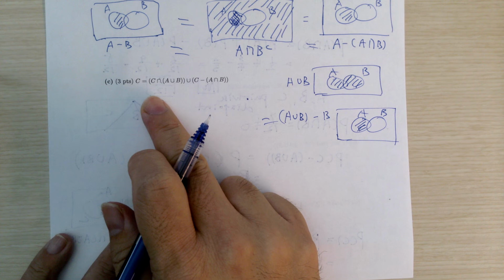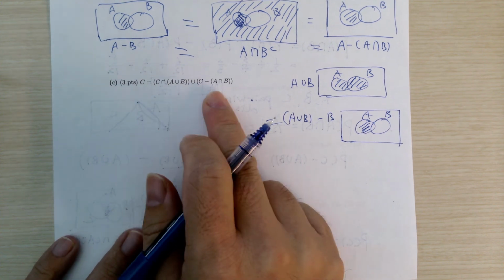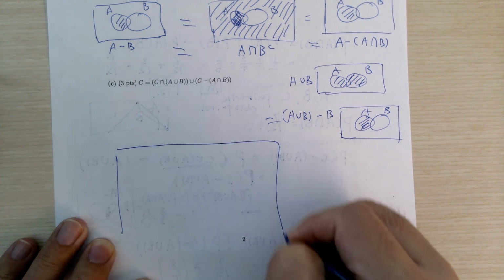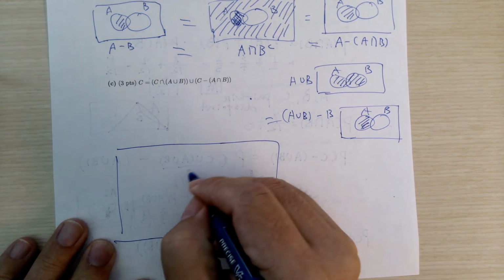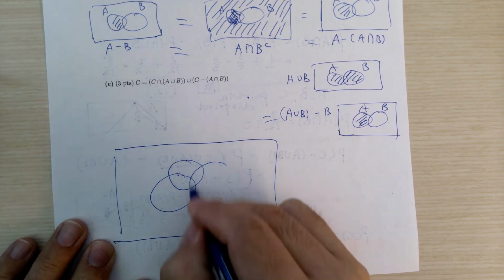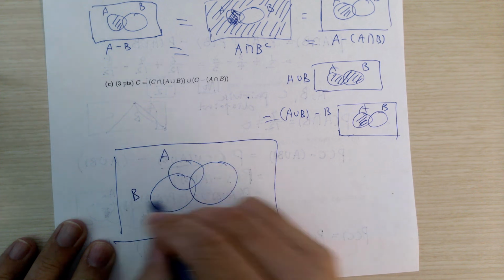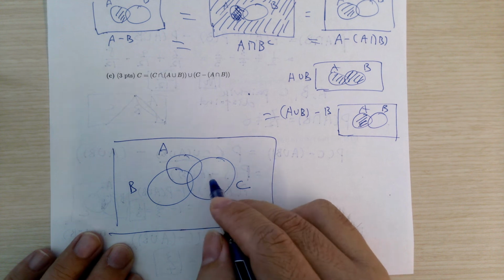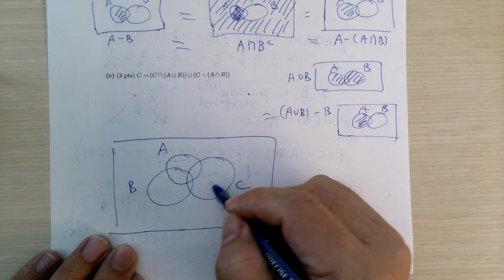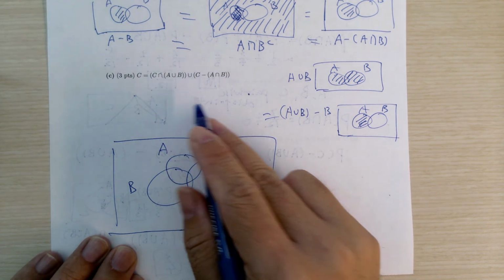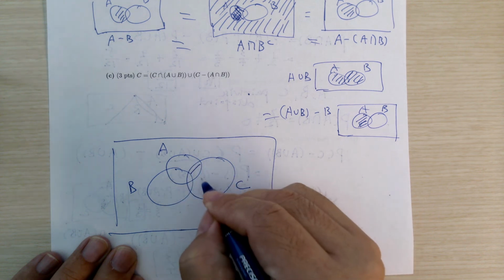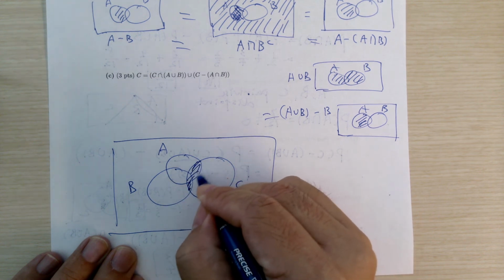And then the last one, C equals (C intersect A union B) union this one. I believe I already went through this one in the previous example, right? So A, B, C. This is our C here. C intersect A union B, so A union B is here, and the intersection is going to be this space.